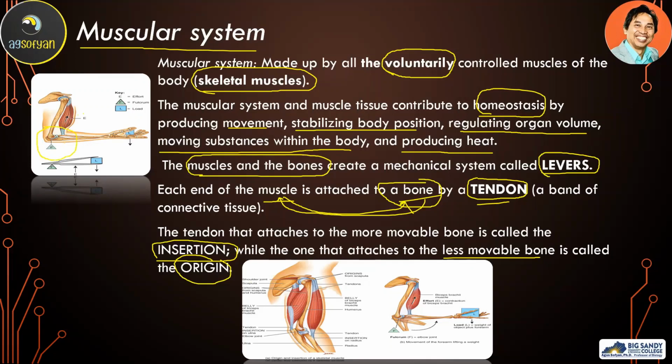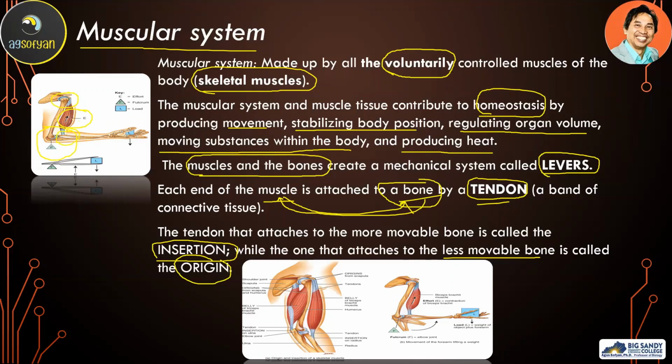When we contract our bicep, which is the muscle, this bicep actually has two attachments, or two tendons. The first one is attached to the scapula over here on the top, and the second one is attached to the radius and ulna bone.